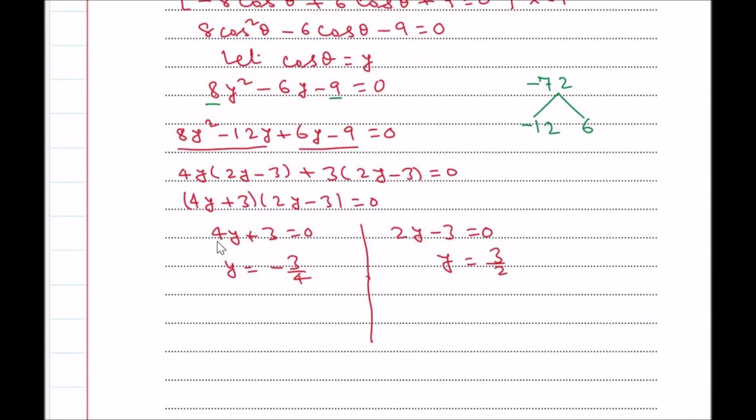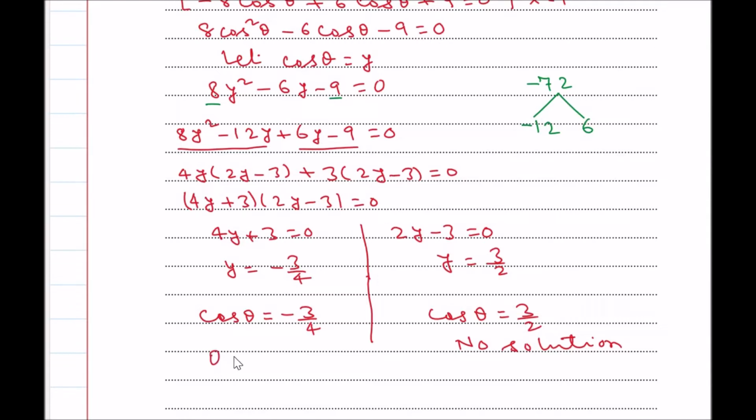So cos theta equal to minus 3 by 4. And here cos theta is equal to 3 by 2, which is not possible, so this will give us no solution, because cos theta lies between 1 and minus 1. It is 1.5, not possible.